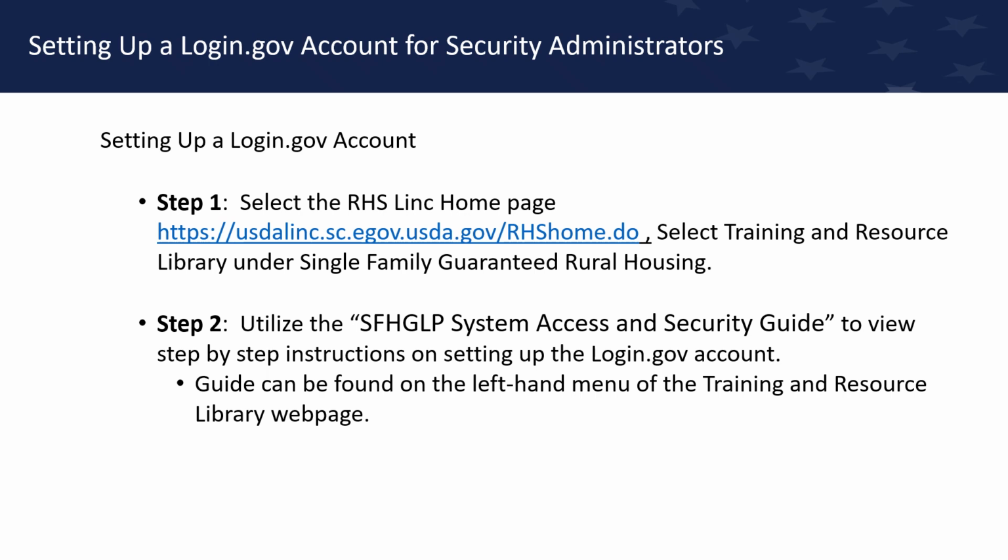Step 1, navigate to the RHS LINC homepage website from the link https://usda.linc.sc.egov.usda.gov/RHS-HOME.do. Select Training and Resource Library under Single Family Guaranteed Rural Housing.